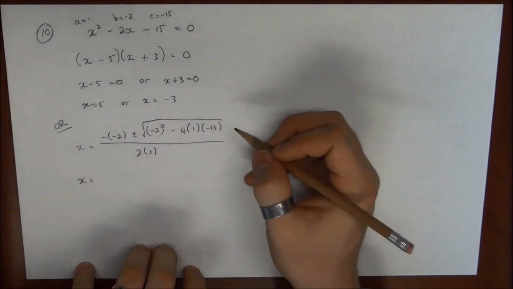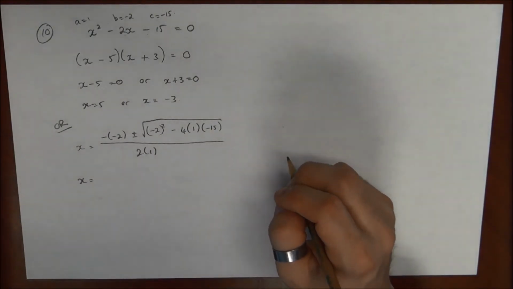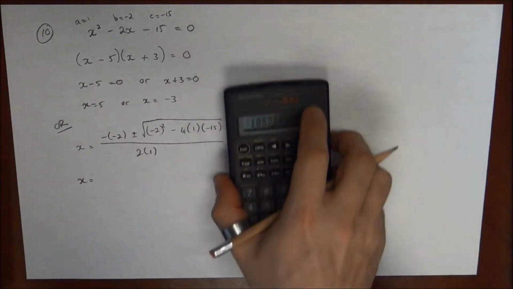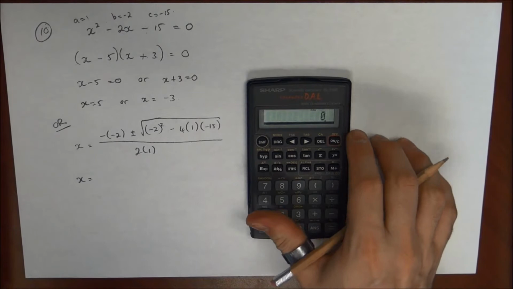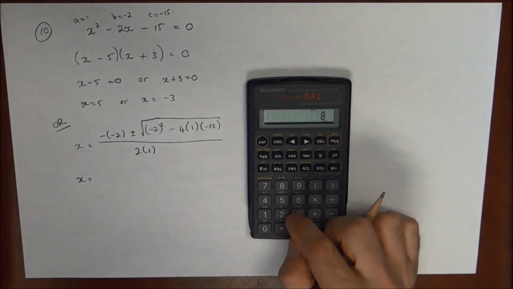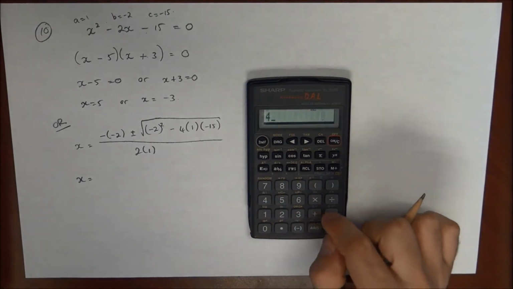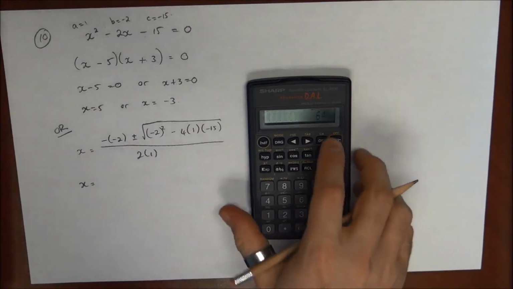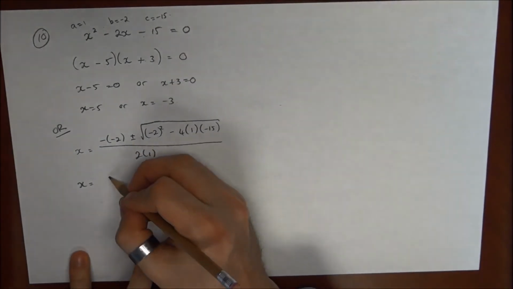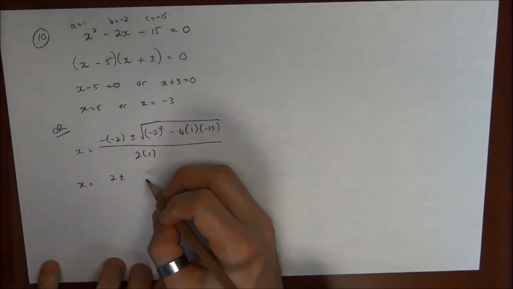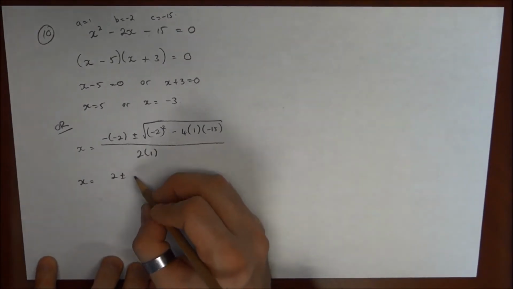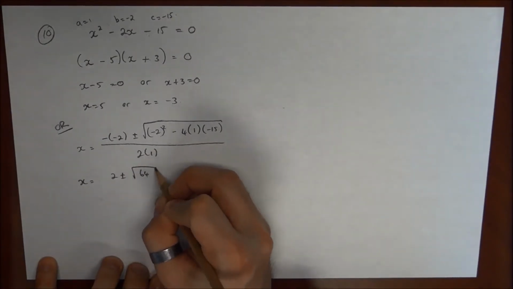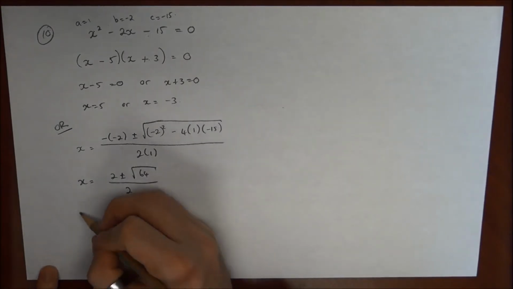I like to do the number inside the square root first. And if you're not sure what that is, I get 4 plus 4 times 15, which is 64. So I have 2 plus or minus square root of 64 over 2.